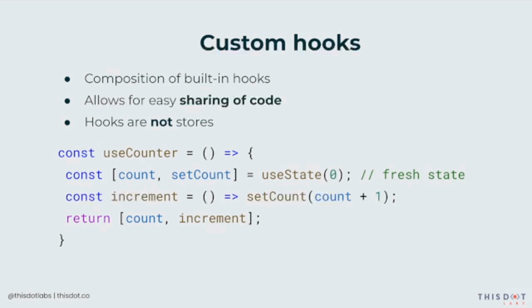So we have useCounter here, and we're going to do it a bit different. So we had our counter in the previous slides. We're going to give this hook to our coworkers, but we want to limit how they can use it. So with our previous counter, we could also do setCount of any value, or we could do count - 1, so we could count backwards.